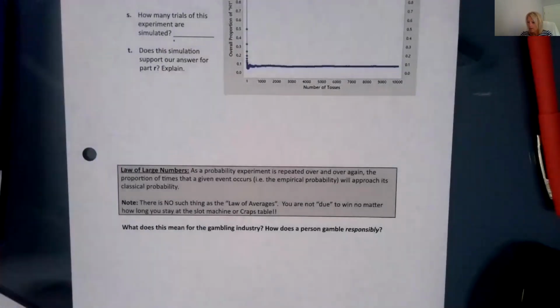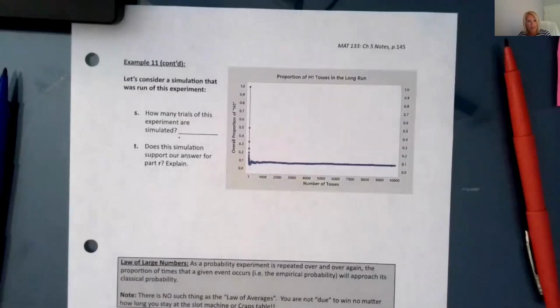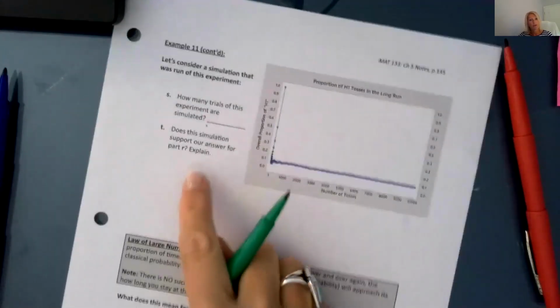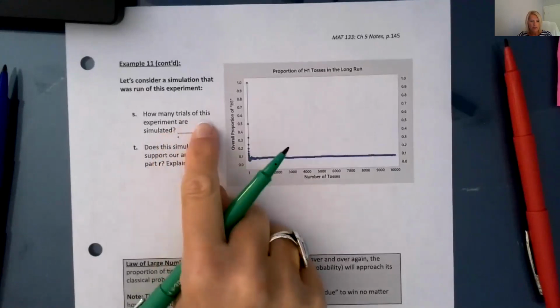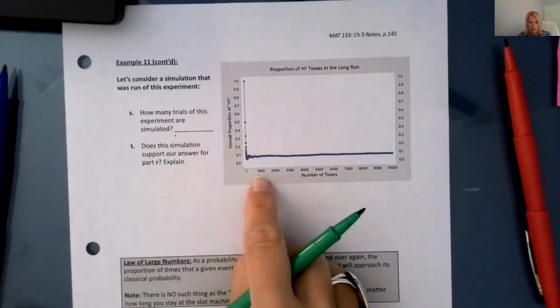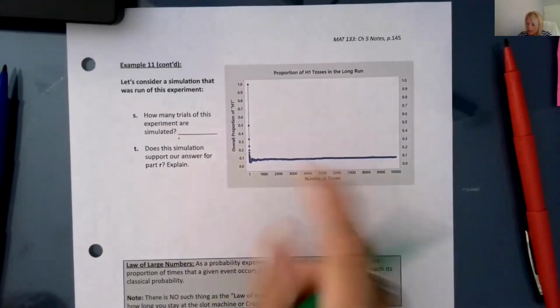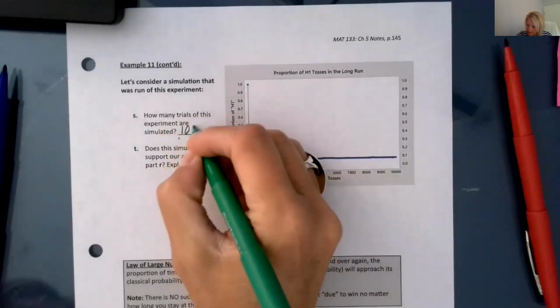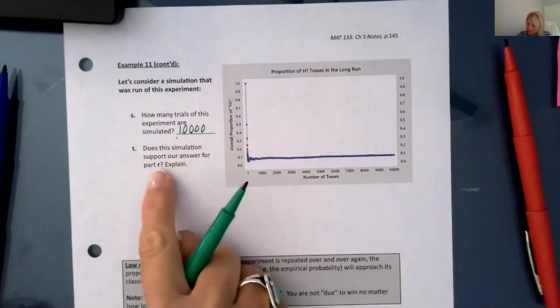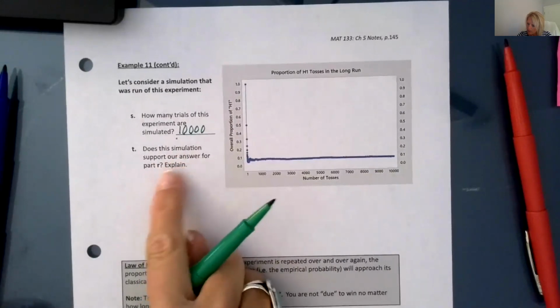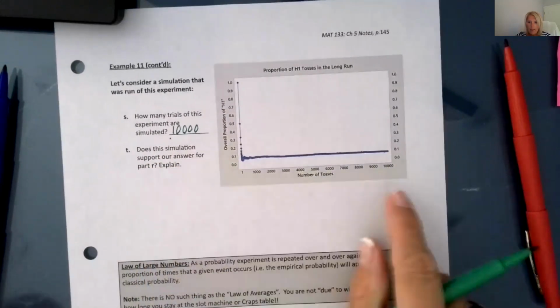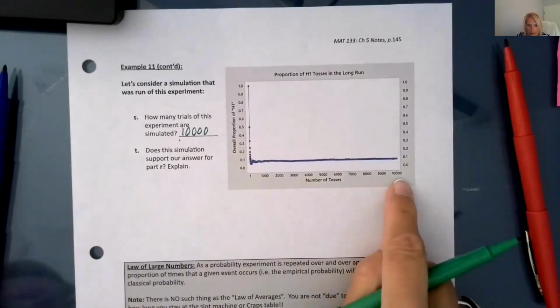Okay, you can see on page 145, it says, let's consider a simulation that was run of this experiment. So it says, how many trials of the experiment are simulated? And it looks like they ran 10,000. It says, does the simulation support our answer for part R? So you can say number of tosses.